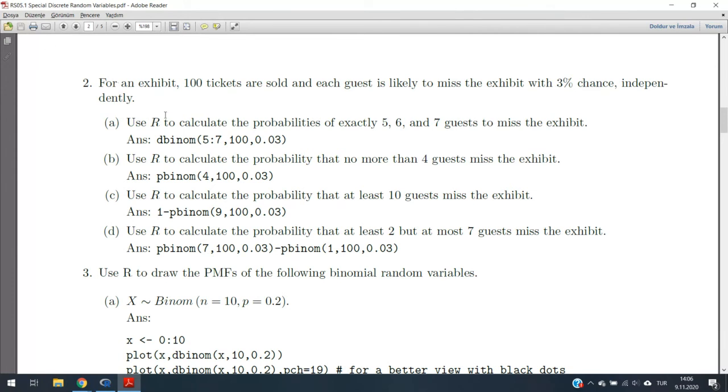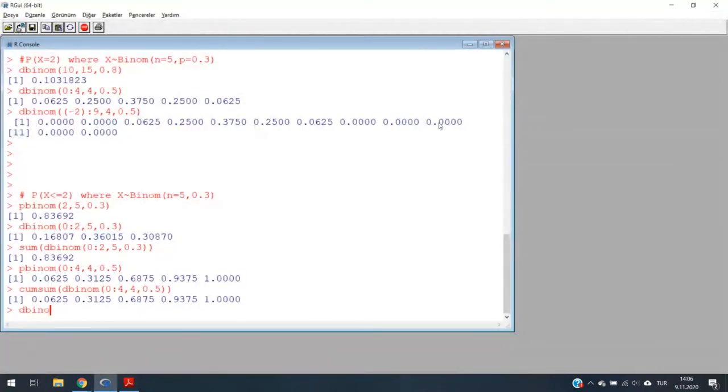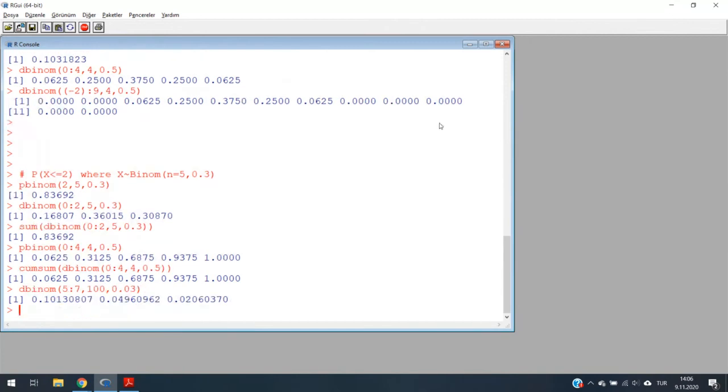The question asks us to calculate the probability of exactly 5 guests missing the exhibit, or exactly 6 guests, or exactly 7 guests. So we are going to calculate the exact probabilities for each of them. We can just calculate dbinom for all values from 5 to 7, where the size parameter is 100 and the success probability is 0.03. This is the result of the first part of the question.